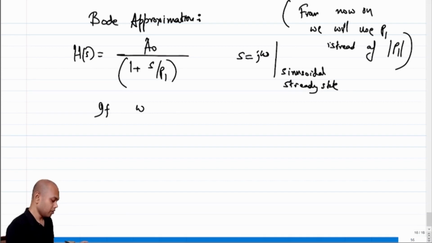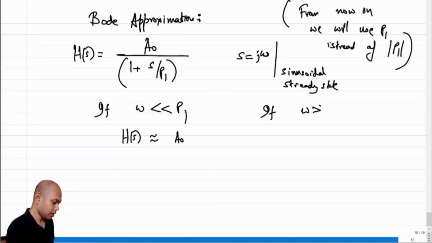So if omega is much less than p1, what is H of s? H of s is approximately equal to a naught. If omega is much greater than p1, what is H of s approximately equal to?